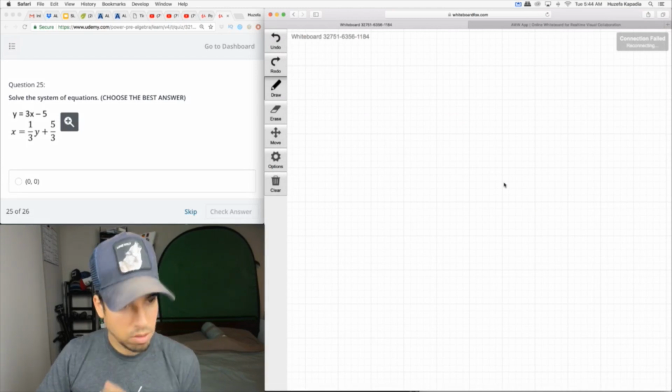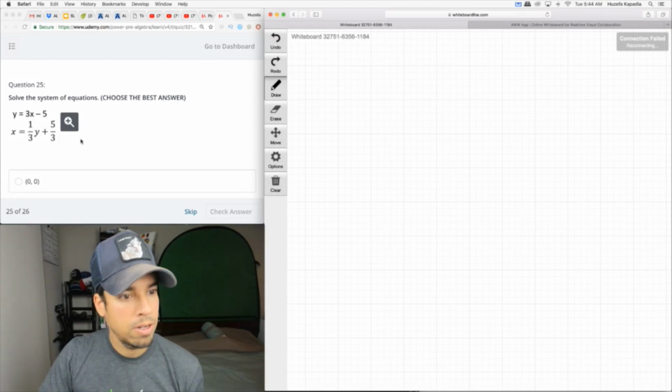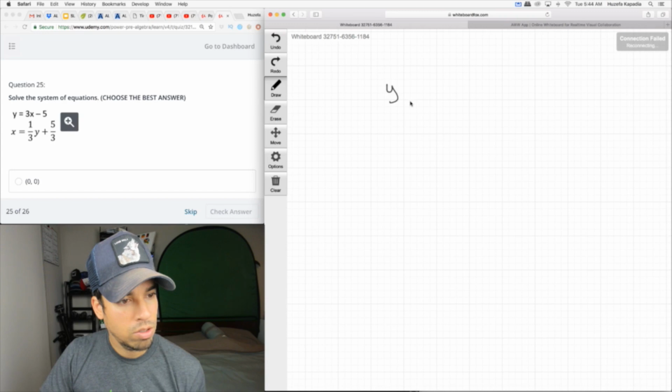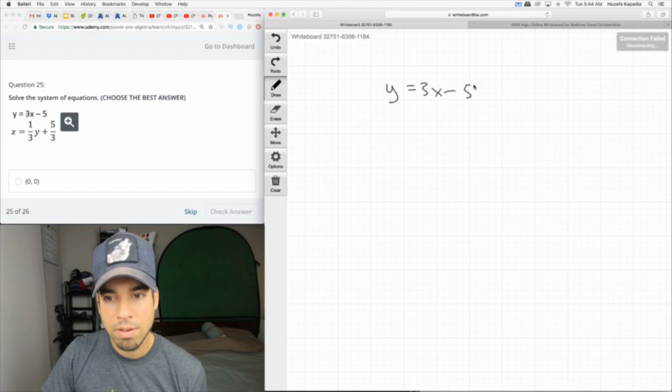25. So we're doing the same thing here, but this is a little different. I'm going to do substitution. Since y equals 3x minus 5, I'm going to plug that into my equation down here, x equals 1/3 y plus 5/3.